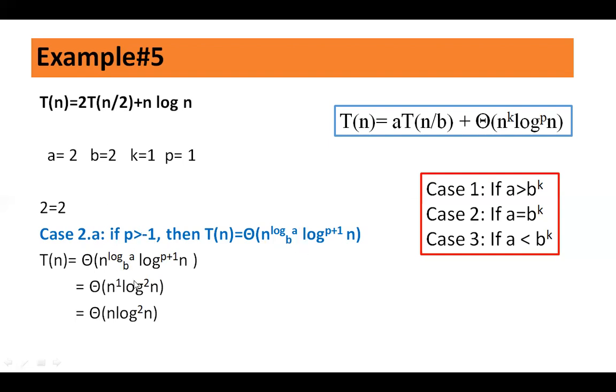So what do you write here? n raised to log 2 to the base 2, which is nothing but 1. And here you have log raised to 1 plus 1, that is log raised to 2 n. So what is the final solution? Theta of n log squared n. This is the solution for this recurrence relation.